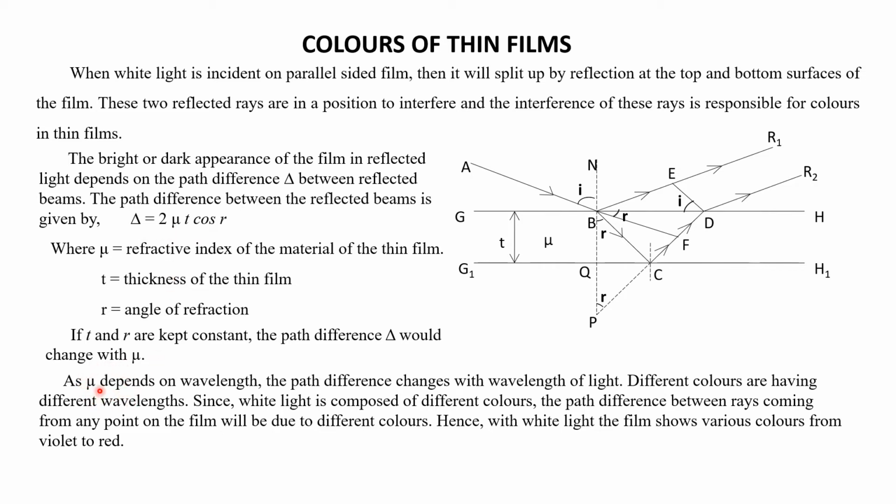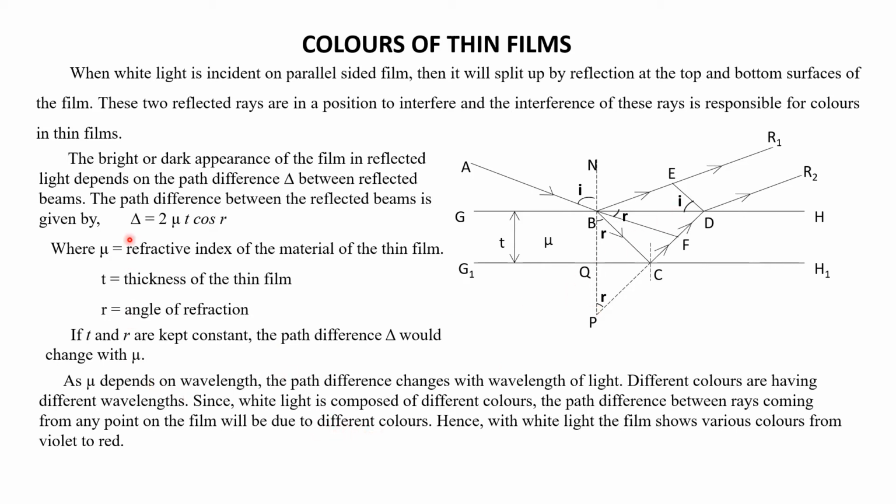This refractive index depends on wavelength, because different colors have different wavelengths and different wavelengths have different refractive indices. We know that white light is composed of different colors. When white light is made incident on the film, it splits into its constituent colors, and different colors have different wavelengths, and depending upon this equation, these colors appear in the film.